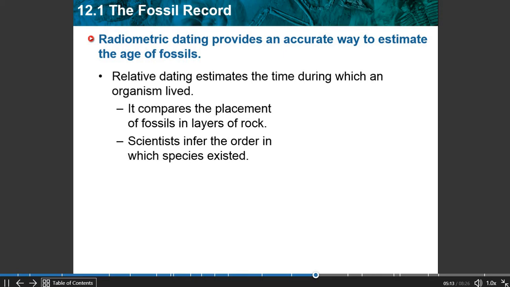Scientists infer the order in which the species existed, and with it you would usually use an index fossil, which is a fossil that is found during a certain time frame and over a large area. So you'd be able to say, we think this layer of rock is this time period because we found this index fossil in it.